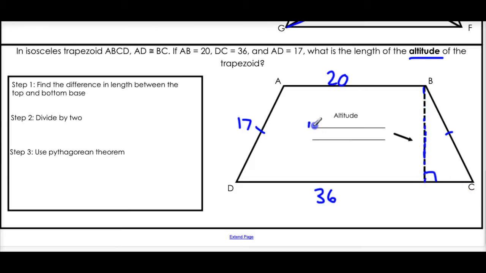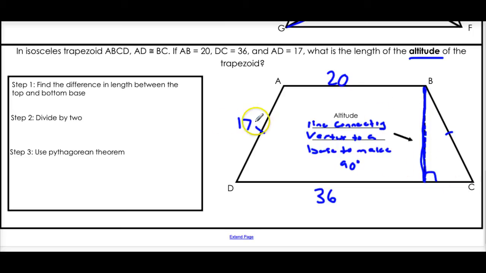So a line connecting a vertex to a base to make 90 degrees. So it's perpendicular. That's what an altitude is. So we're trying to find the length of this line right here. It goes from the vertex to the base.